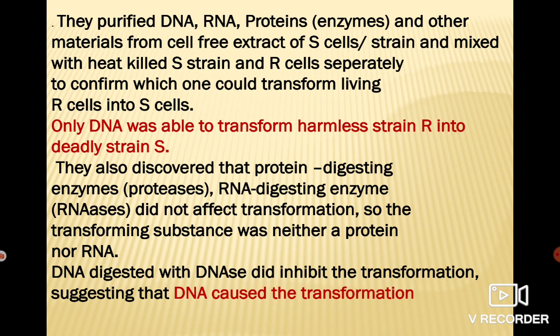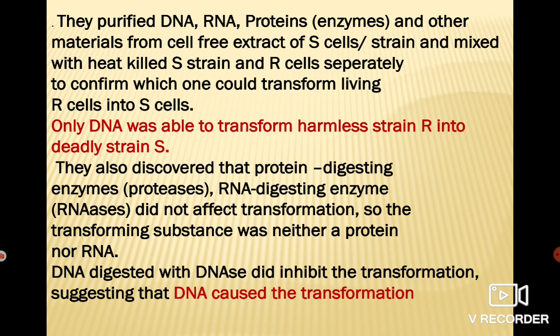They purified DNA, RNA, protein and other material from the cell-free extract of S strain and mixed with heat-killed S strain and R strain separately to confirm which one could transform living R cell into S cell.